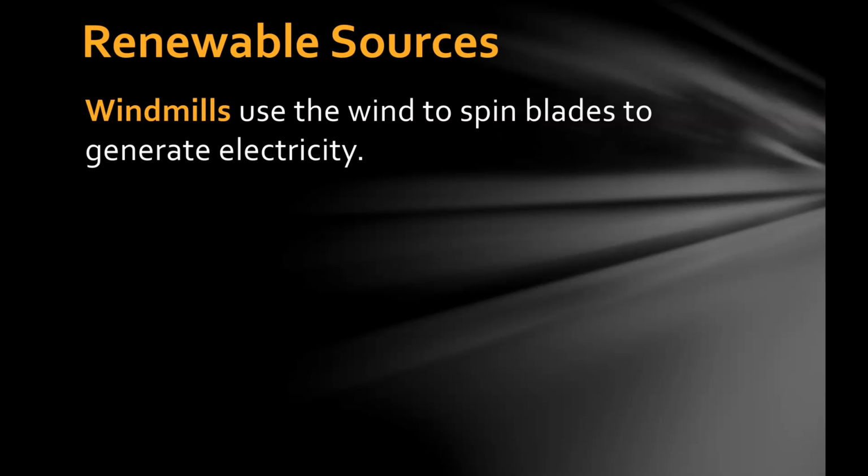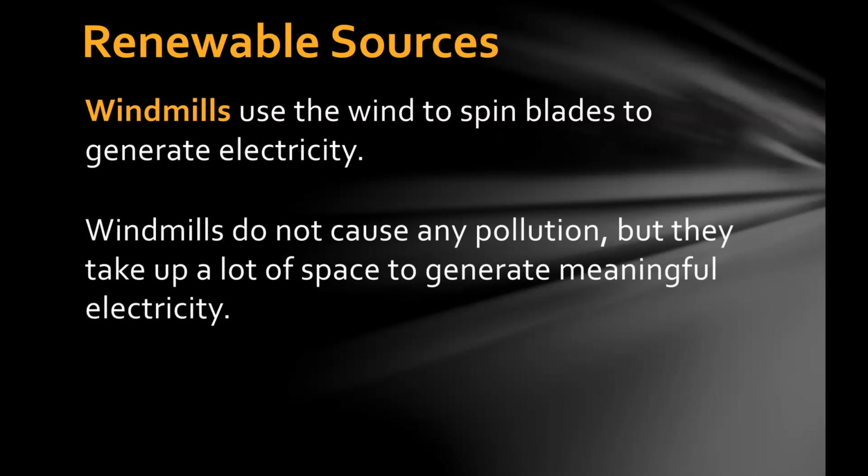Windmills use the wind to spin blades to generate electricity. Again, windmills do not cause any pollution, but there are problems associated with windmills as well. They are known to cause people that live within the vicinity to have migraines and other nervous system issues.